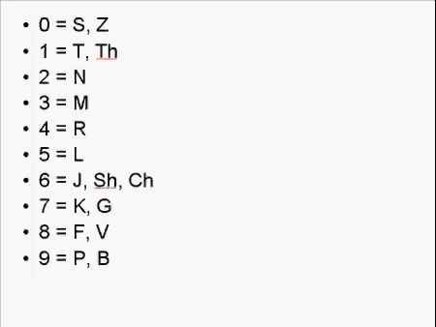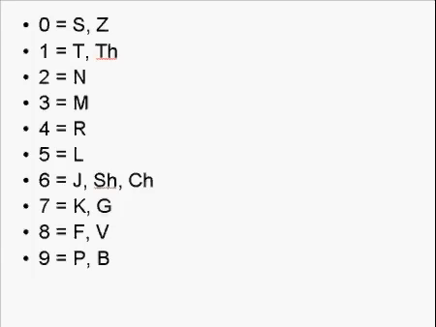You just have to put in the work first in remembering these associations, this code, in order to use the system, and it will take you a little while to learn this code. Some of the things that might help you remember is N for 2. N has 2 downstrokes in it, and M for 3.